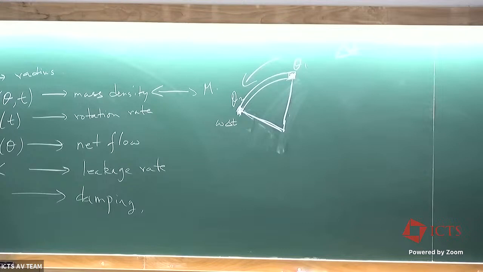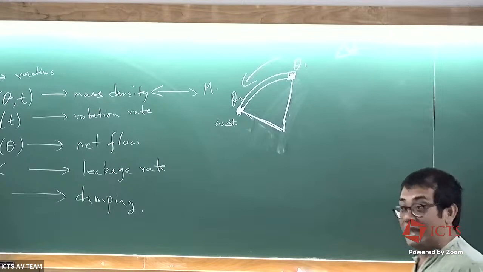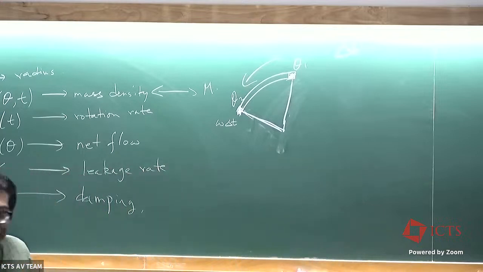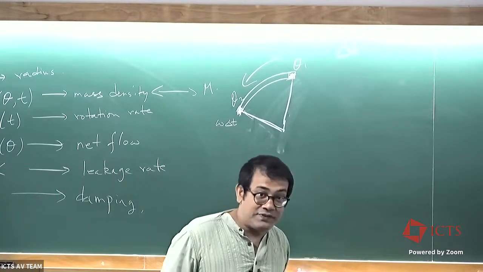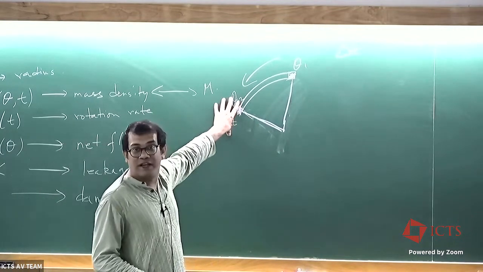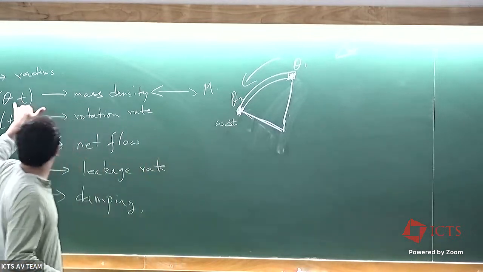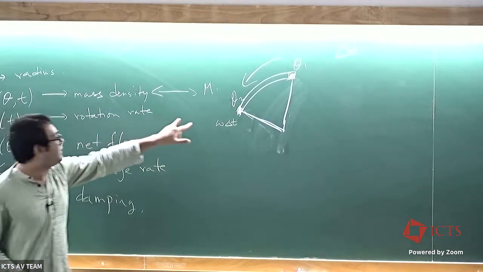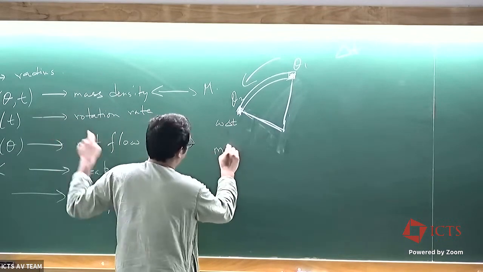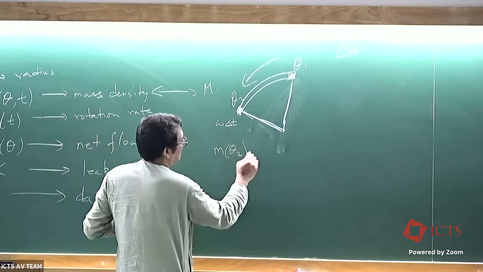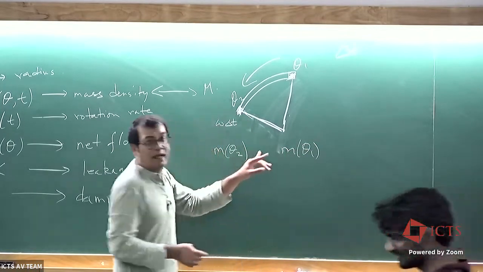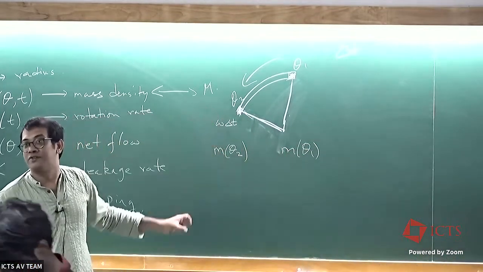You are leaking out stuff at the rate of k, so in terms of unit mass, that would be km. Plus, there is this additional contribution, which is coming from stuff which was here. You remember I had the mass density, stuff that was here, things that were here. How much mass has changed here because this has moved.